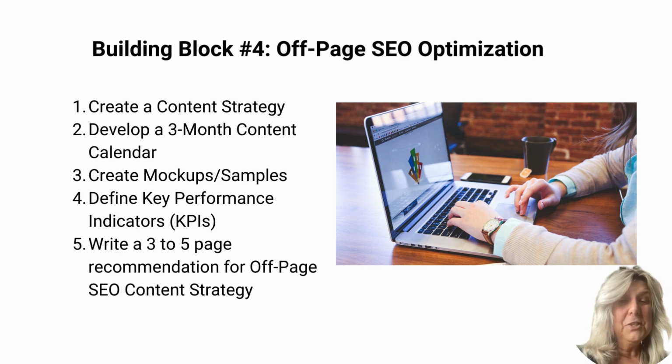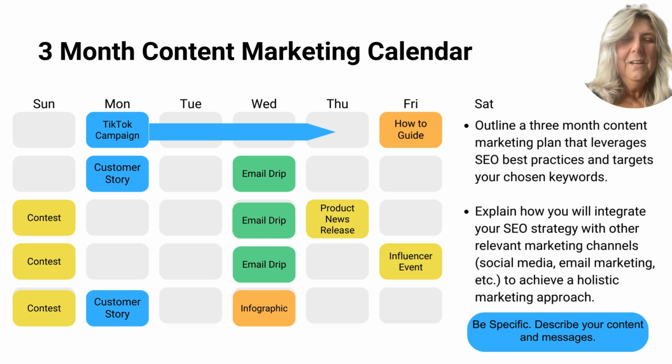There's a couple of things you're going to do. You're going to develop a 3-month marketing plan, a content plan. You're going to create some mock-ups, and then you're going to do some metrics. For this building block, you will create a 3-month content calendar based on the content that you believe aligns to the target audience you've identified earlier.